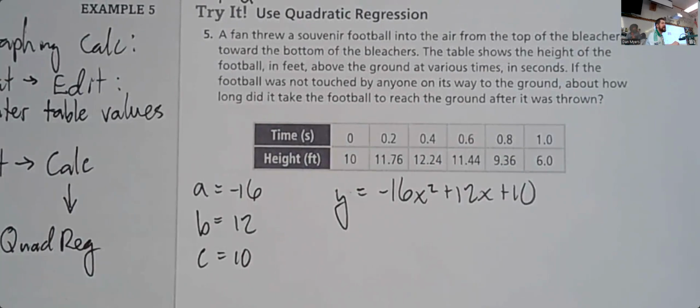How do you think we could figure this out? Listen up. How do you think we can figure this one out? How long does it take the football to reach the ground after it was thrown? Any thoughts on how we can do this?